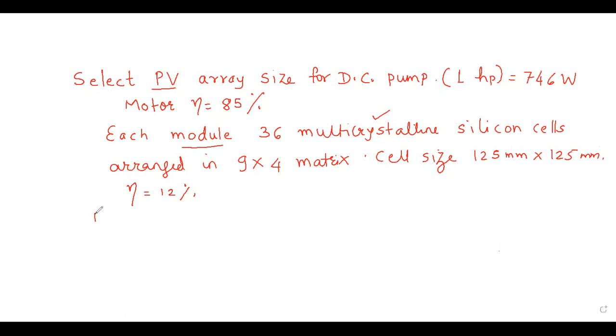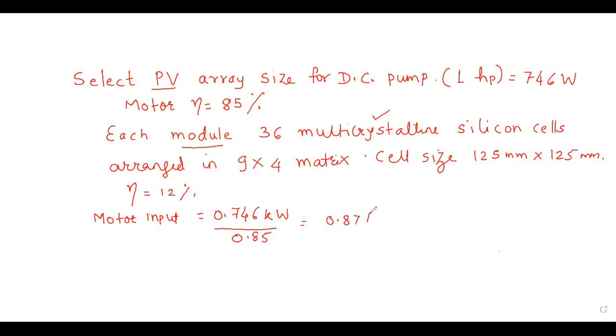So the motor input in this case is 0.746 kilowatt, that is 1 horsepower, divided by 0.85, because the efficiency is given, and that is around 0.87 kilowatts.